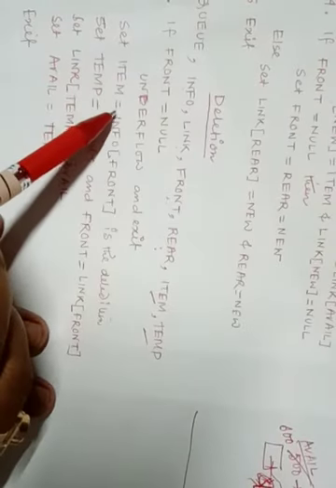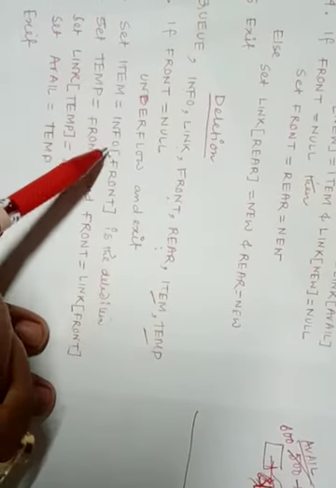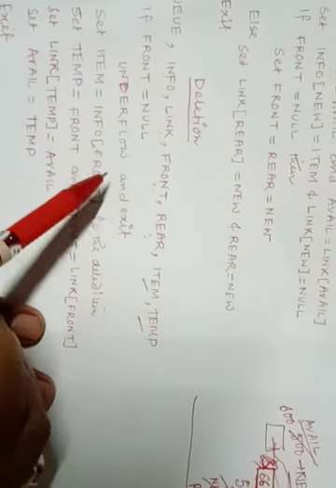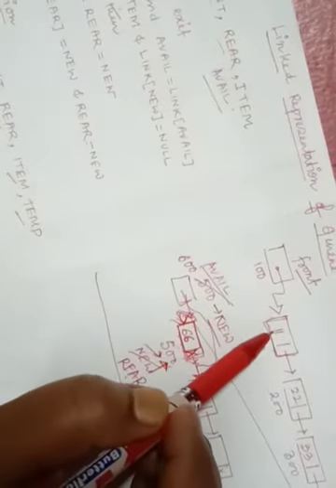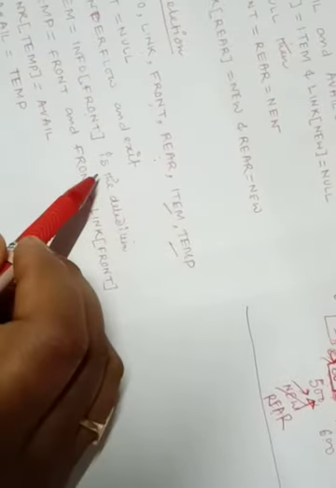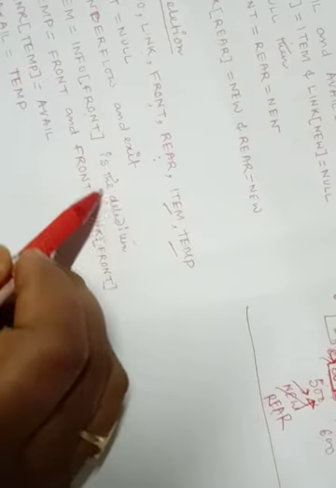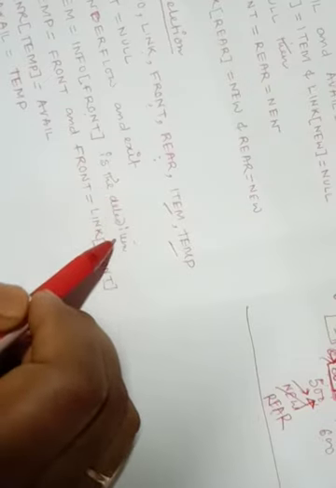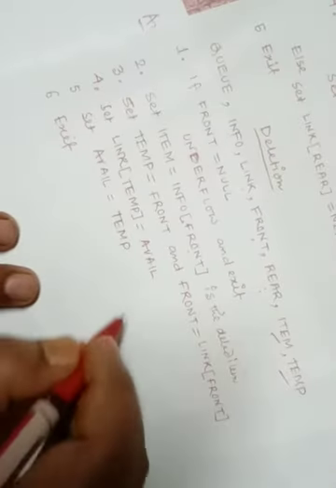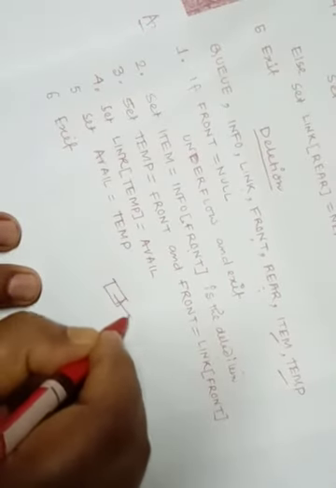Now you see that item equals info of front. So what is the information part of front? The information part of front is 11. So 11 is the deleted item. Suppose this is the list.